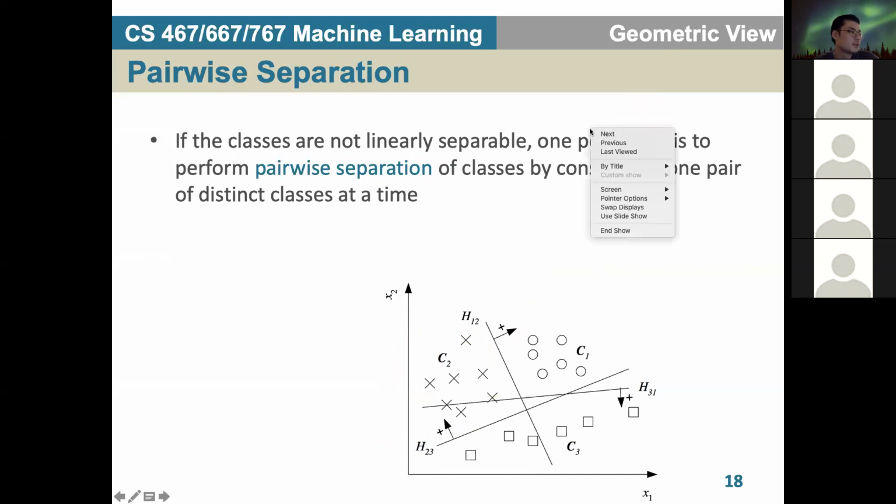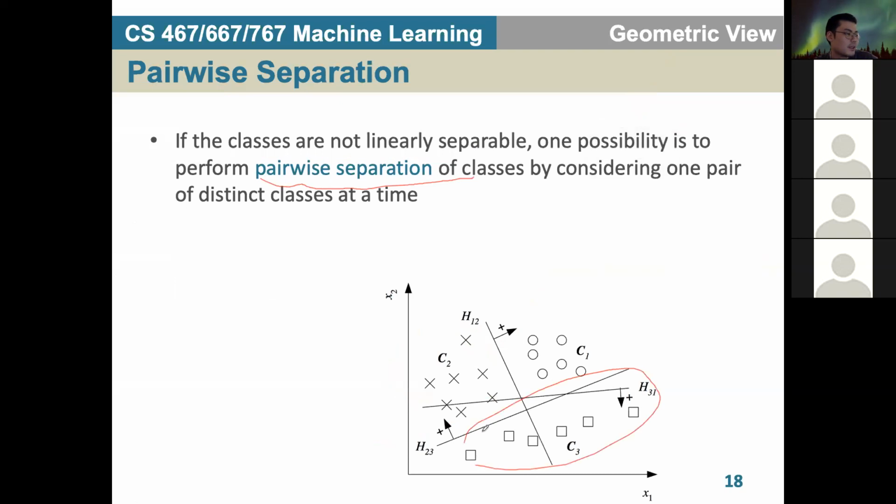So we will turn to another case: we want pairwise separation. What it means is, I don't care about squares; I only care about C1 and C2 at this moment. So H_12 will separate them perfectly. These two are linearly separable, and these two are linearly separable, and finally these two are linearly separable.